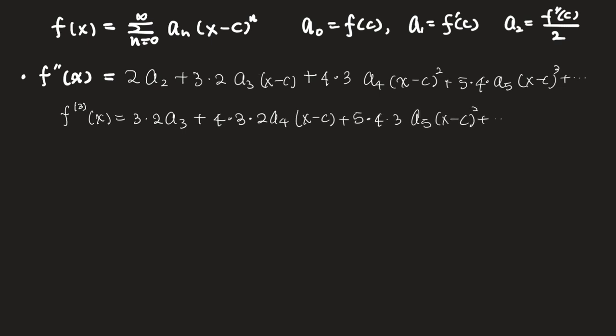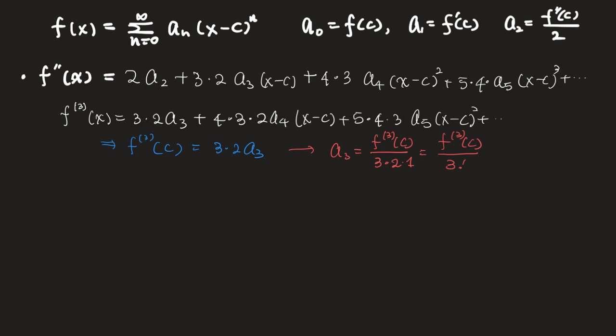We plug in x equals c one more time here. The third derivative of f at c is 3 times 2 times a3, everything else is 0. So you find a3 is the third derivative of f at c over 3 times 2 times 1, which is 3 factorial.